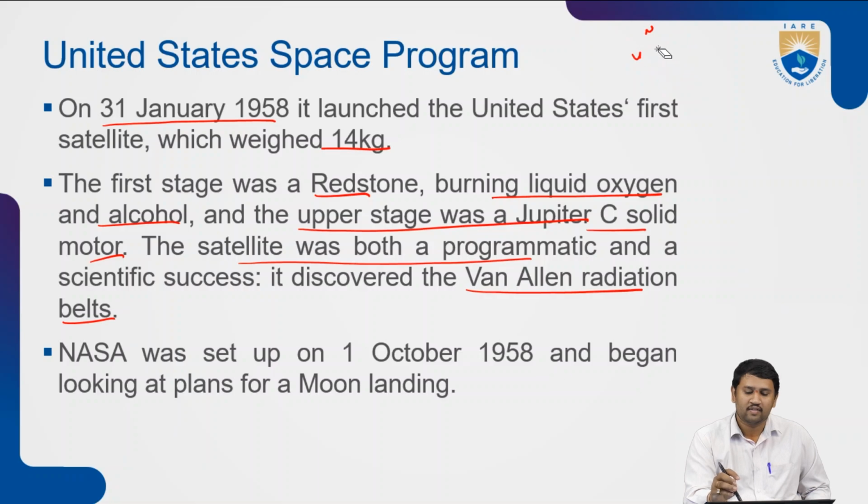Those are called your Van Allen radiation belts, right? These were discovered by your first rocket that was developed from the Redstone project.